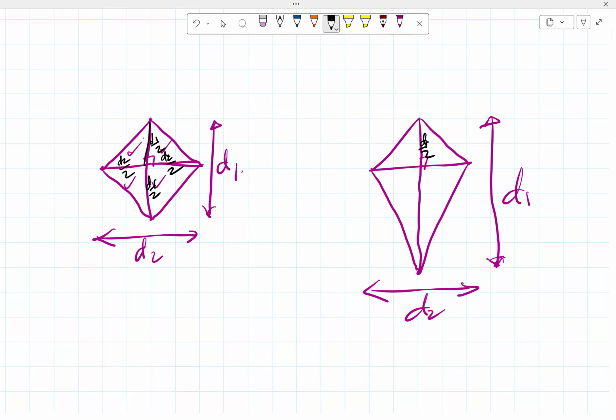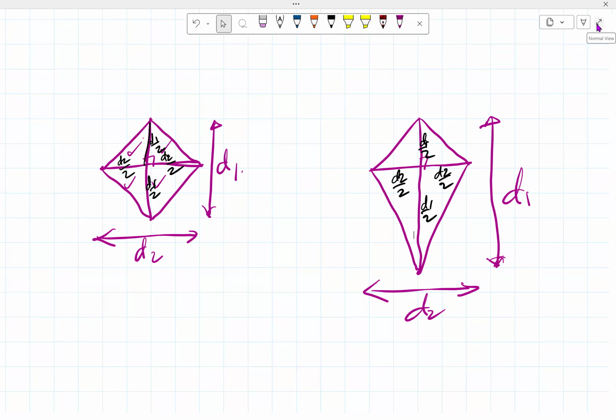They bisect each other. Now that's something to think about. Basically, we know this is D1 over 2 and this is D2 over 2 right here. So this is also D2 over 2. I have a feeling that these don't look equal, so that's why I'm a bit skeptical.